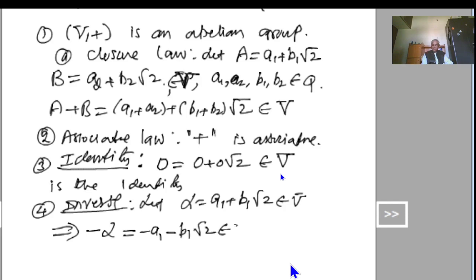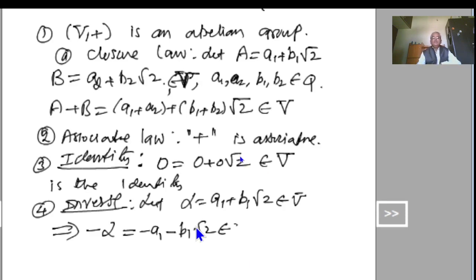Does this belong to B? Since alpha is an element of B, A1 is rational and B1 is rational. If A1 is rational, minus A1 is also rational. B1 is rational, minus B1 is also rational. So rational plus rational into root 2, definitely this belongs to B.